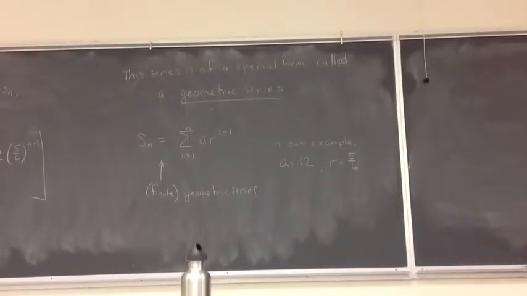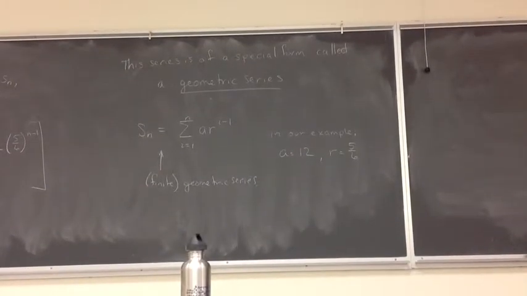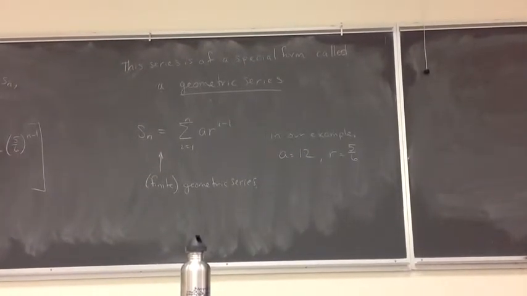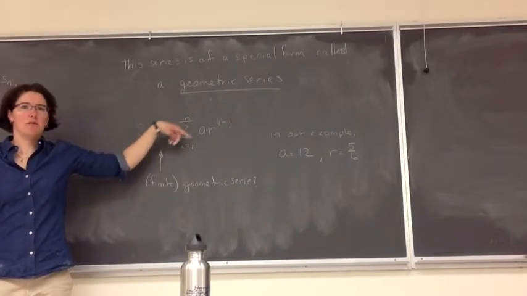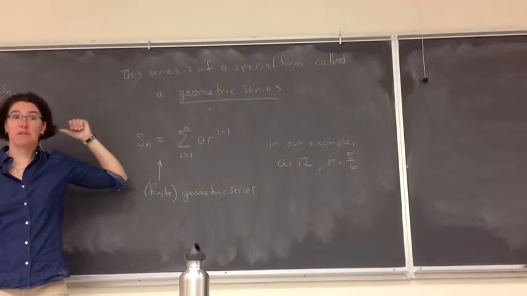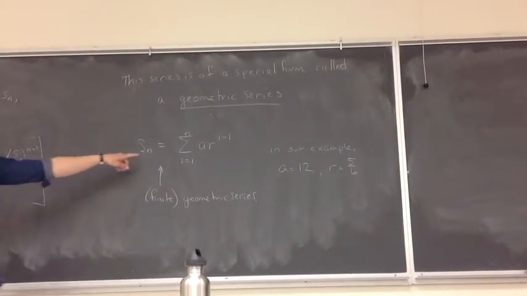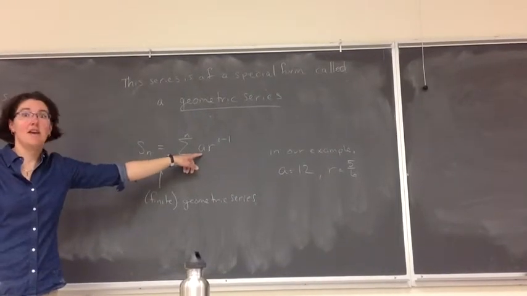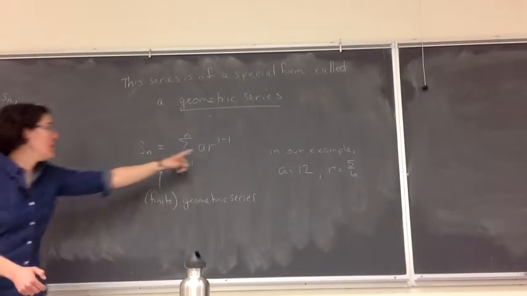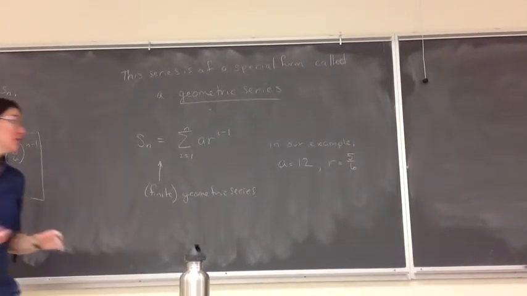And I want to analyze the generic form, the special form here, so that we can use it in different examples rather than just this one specific example that we have here. Okay? So we want to analyze this sum right here, where a in our example is 12, and r in our example is 5/6. So let's look at this thing.